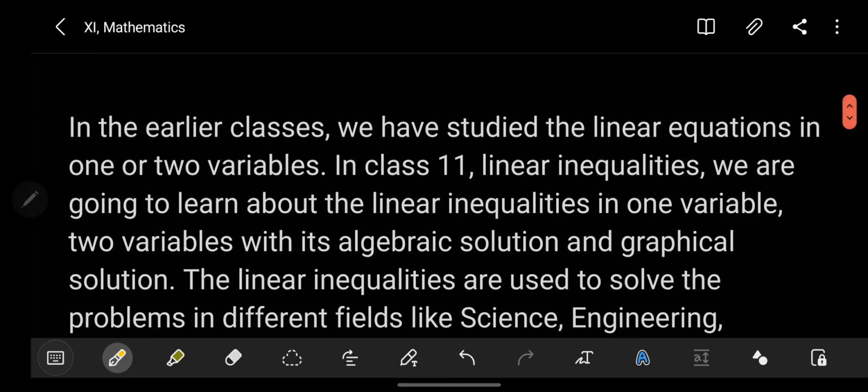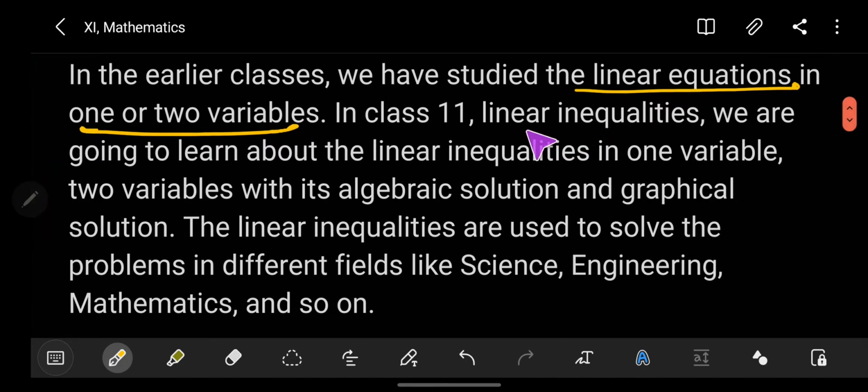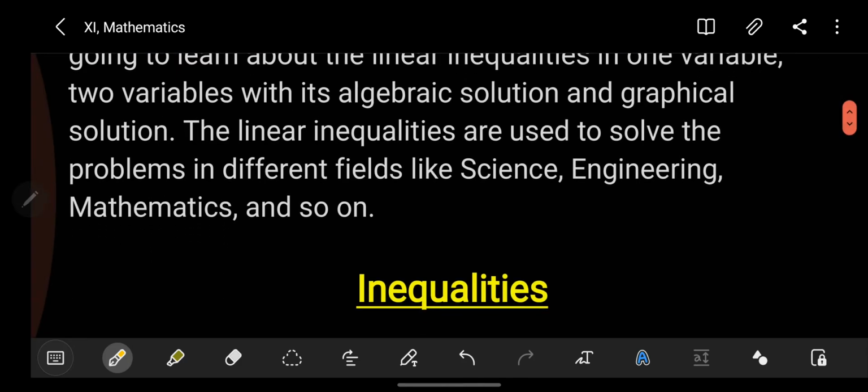In the earlier classes, we have studied the linear equations in one or two variables. In class 11th, linear inequalities, we are going to learn about the linear inequalities in one variable, two variables, with its algebraic solutions and graphical solutions as well. The linear inequalities are used to solve the problems in different fields like science, engineering, mathematics, and so on.